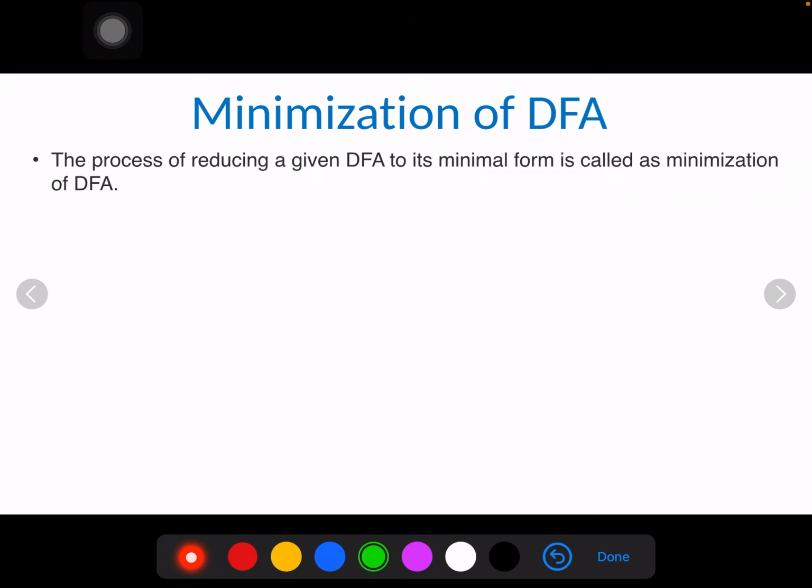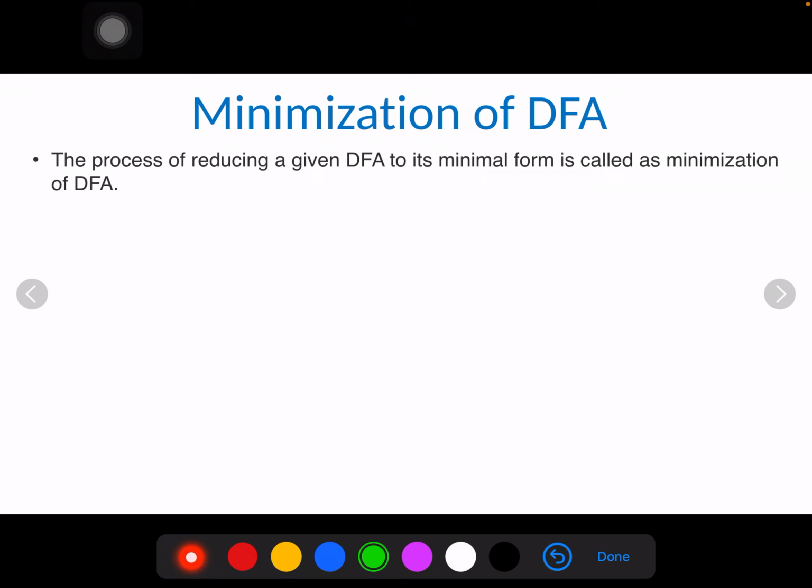Someone has constructed the same language using 10 states, and some other person has constructed the DFA using 5 states. Which is the best DFA among these two?